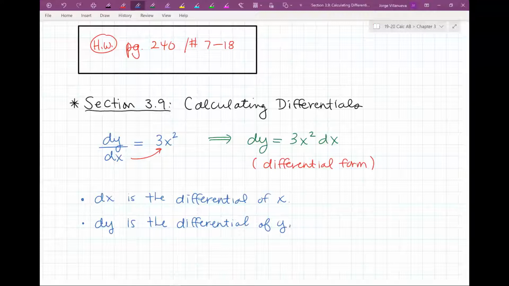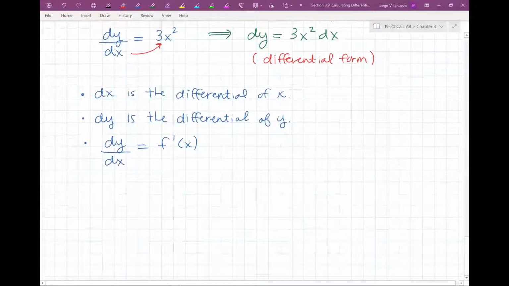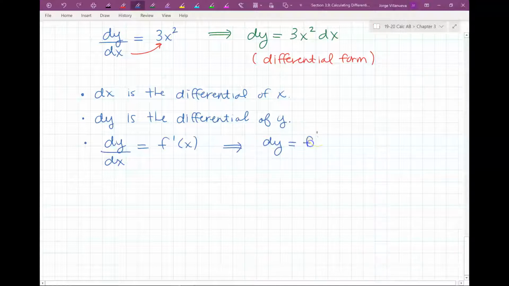Very easy idea, okay? So basically, if you're going to take a derivative dy/dx, which is the same as saying f prime of x, you can rewrite it so it looks like this: dy is equal to f prime of x dx.